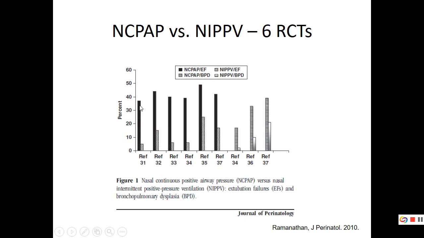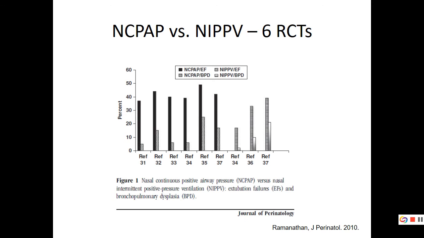But looking at extubation failure, the black bars are nasal CPAP, and the diagonal bars next to them are nasal IMV. Much less extubation failure with nasal IMV. So I typically, if I have a baby I'm really concerned about failing extubation, I try to extubate them to nasal IMV as opposed to nasal CPAP.